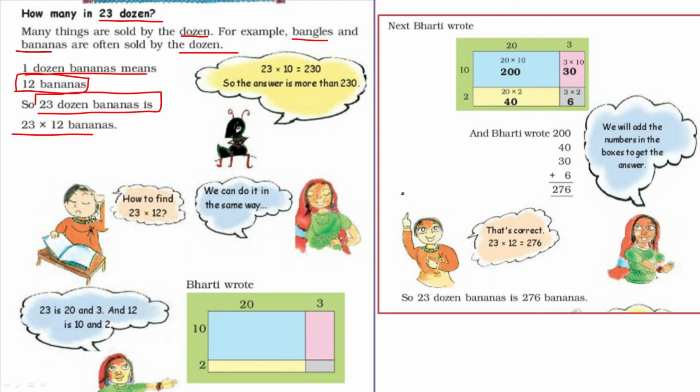Just multiply 23 and 12. 23 can be written as 20 plus 3 and 12 can be written as 10 plus 2. In the first row, you multiply 2 into 20, 40, then 2 into 3, 6. Add all the numbers, 200, 30, 40 and 6. If you are adding, you will get 276.